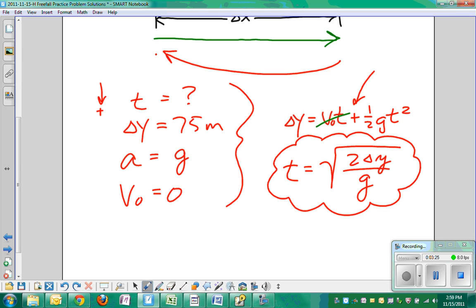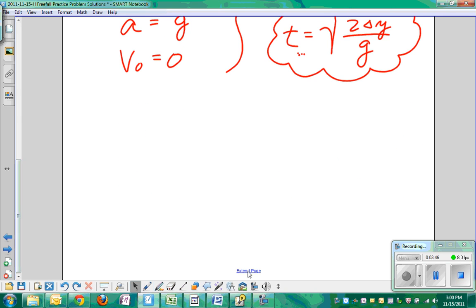Now we need to know how far the log will move in this amount of time at a speed of 5 meters per second. That's how far away the log must have been back this way when the stone was dropped. So now we'll move down and do the log part in blue.